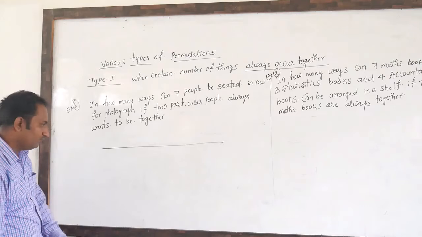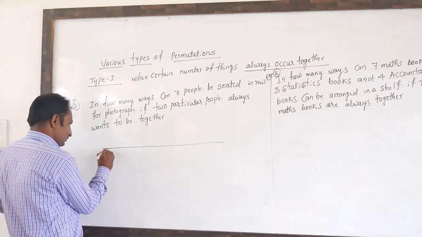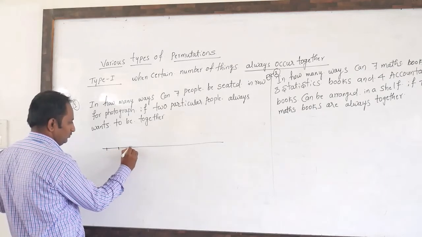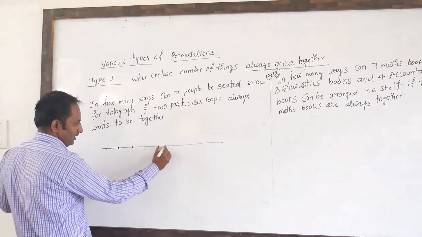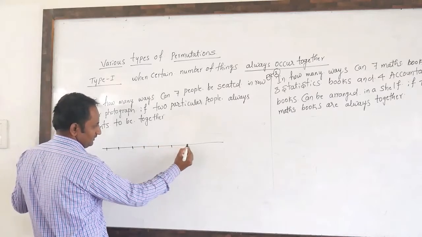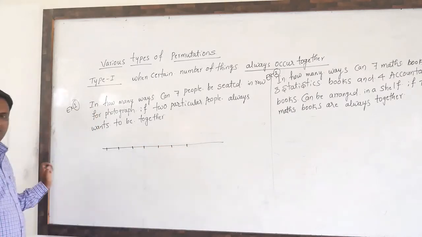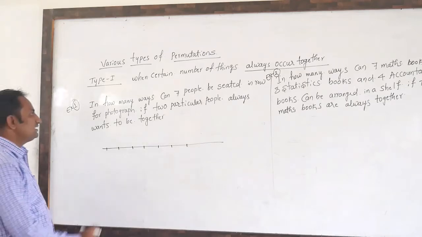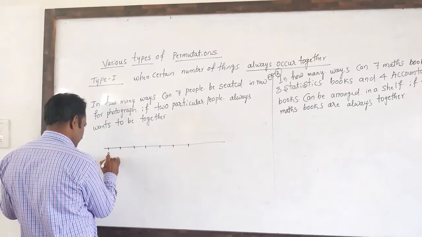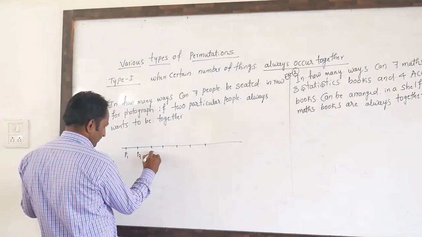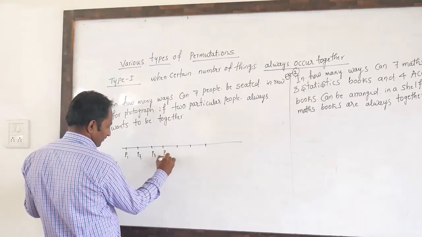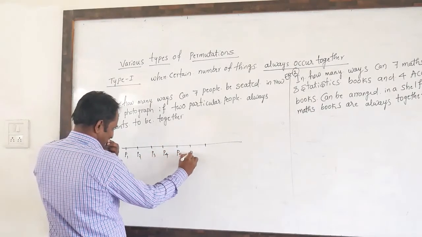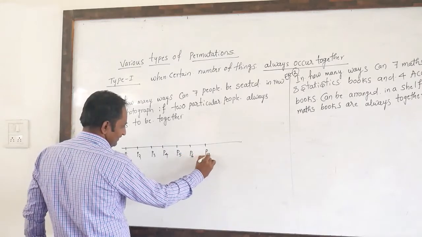Here this is 1, 2, 3, 4, 5, 6, 7. 7 members are there: people P1, P2, P3, P4, P5, P6 and P7.